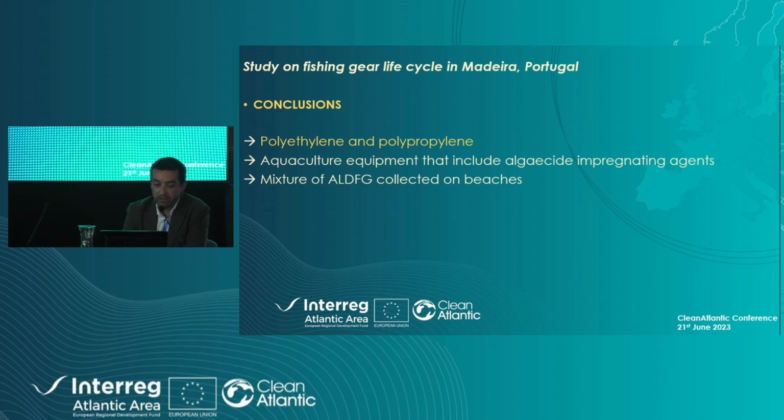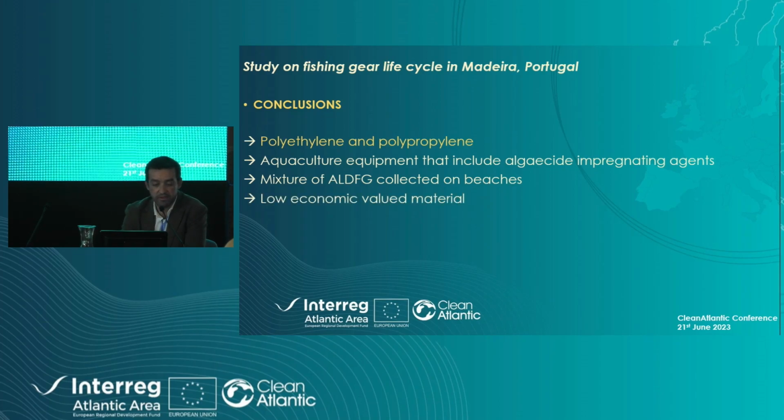Another thing is that everything else is more or less polyethylene and polypropylene. And we also need to take into account that aquaculture equipment generally includes algaecide and impregnating agents, and then the mixture of abandoned, lost, and discarded fishing gear collected on beaches all have that problem of contamination.